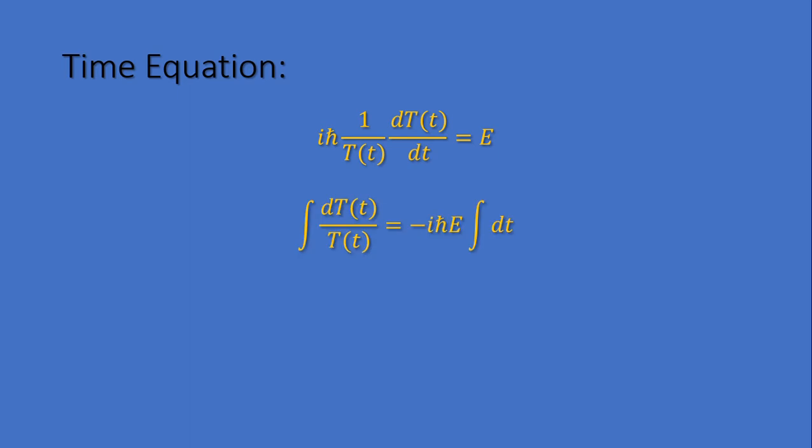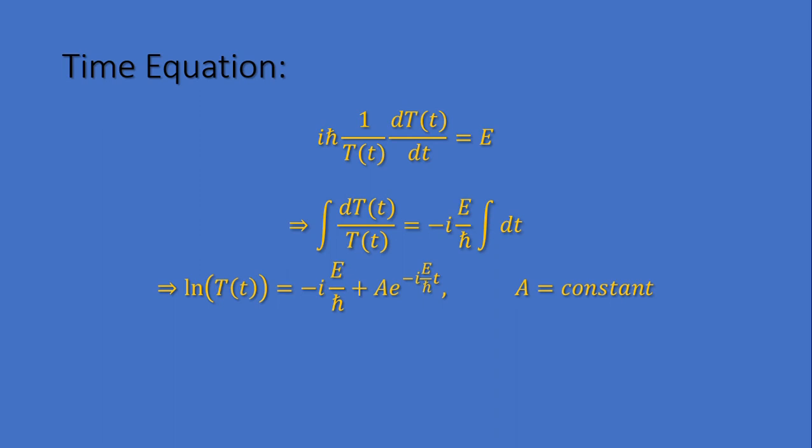Once we do this, we can get an expression for T, and if we exponentiate both sides, we get that T is just a phase times some constant A. Now recall that the wave function has to be normalized, so we're going to set A equal to 1 for now, and this is equivalent to saying that we're, for now, absorbing the constant A into the spatial part, and we'll take care of the normalization later.